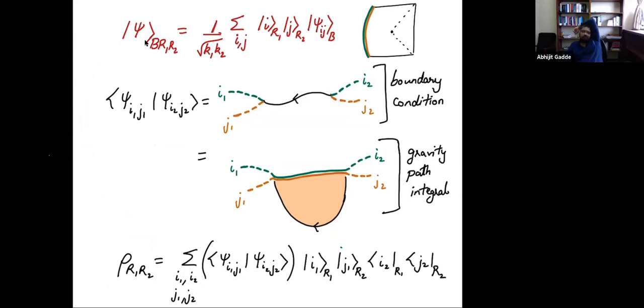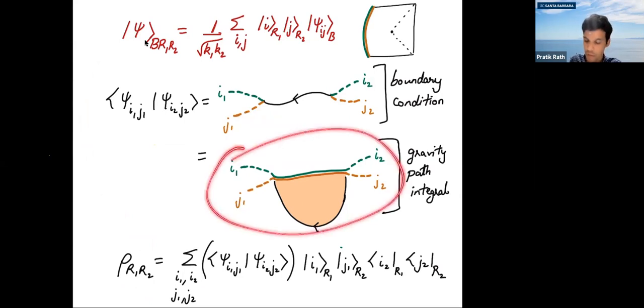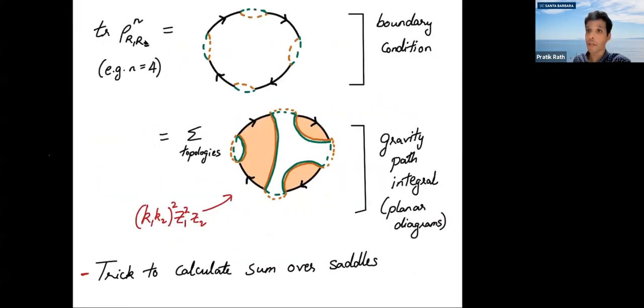And so if we want to compute anything that's a function of this density matrix, we basically use diagrammatics that are similar to this. So in particular, an example is when we want to compute trace rho to the n, let's say n is 4 here, when we have 4 asymptotic boundaries, which are glued together cyclically, and this computes trace of rho to the 4th.